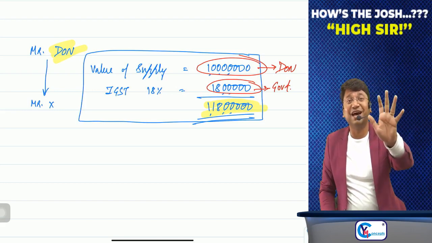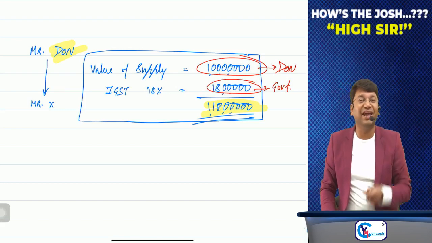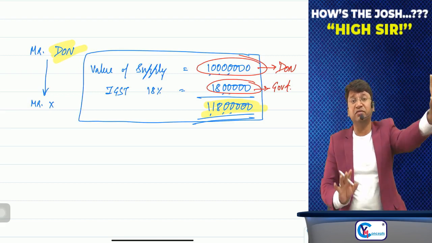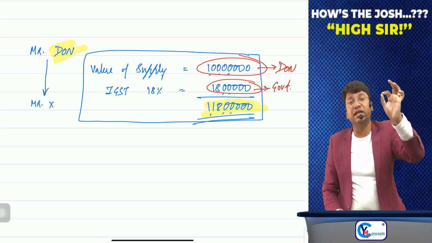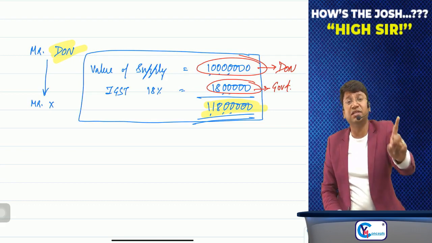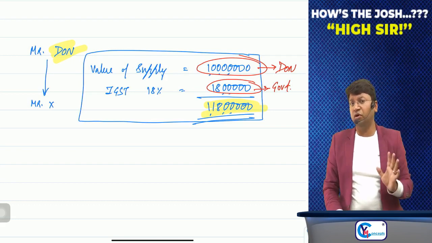So the government said, na baba na, it will not be possible. And the government said, no, bank, you are the recipient of service. Whatever commission you are giving to the recovery agent, directly pay GST to us, not to the recovery agent, and the recipient will be liable to pay GST to the government directly.